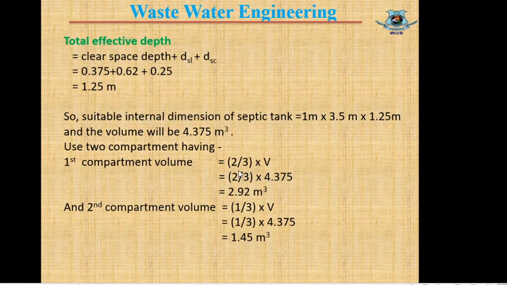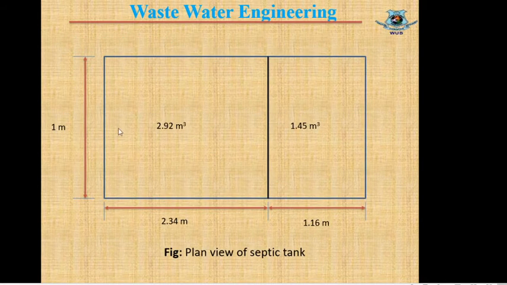Now we need to show the plan, as in the question it was said that we have to draw a plan. So this is the plan view of the septic tank. Here this is the width 1 meter, and this is total length, which was 3.5, and first compartment length will be 2.34 meter, second compartment length would be 1.16 meter, and these are the volumes.